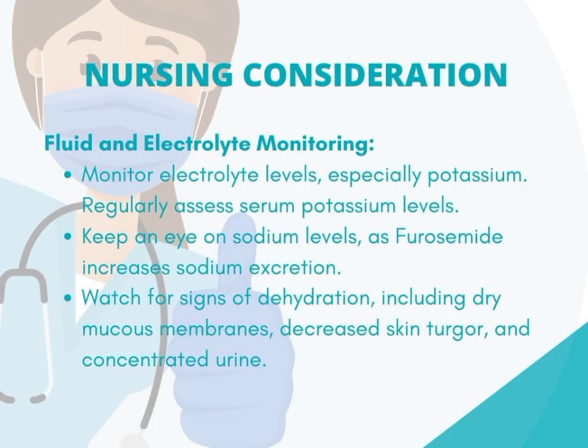For fluid and electrolyte monitoring, monitor electrolyte levels, especially potassium. Regularly assess serum potassium levels and keep an eye on sodium levels as furosemide increases sodium excretion, and watch for signs of dehydration including dry mucous membranes, decreased skin turgor, and concentrated urine.